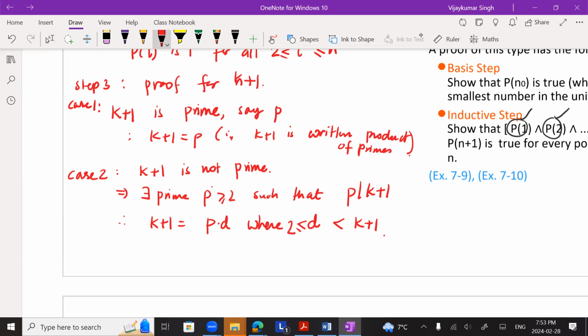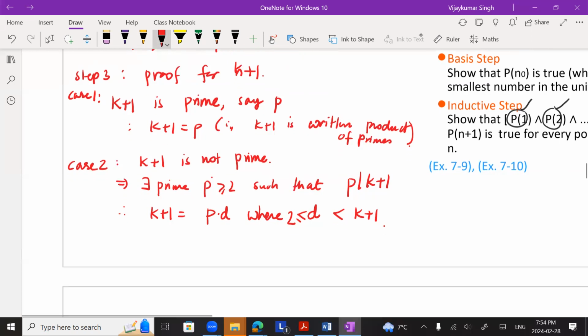Because d can be 2, but d cannot be 1. If d is 1, then we are saying that k plus 1 is prime, which is already exhausted in the previous case. So if k plus 1 is not prime, it can be written as a prime times a d, where d is in this range.